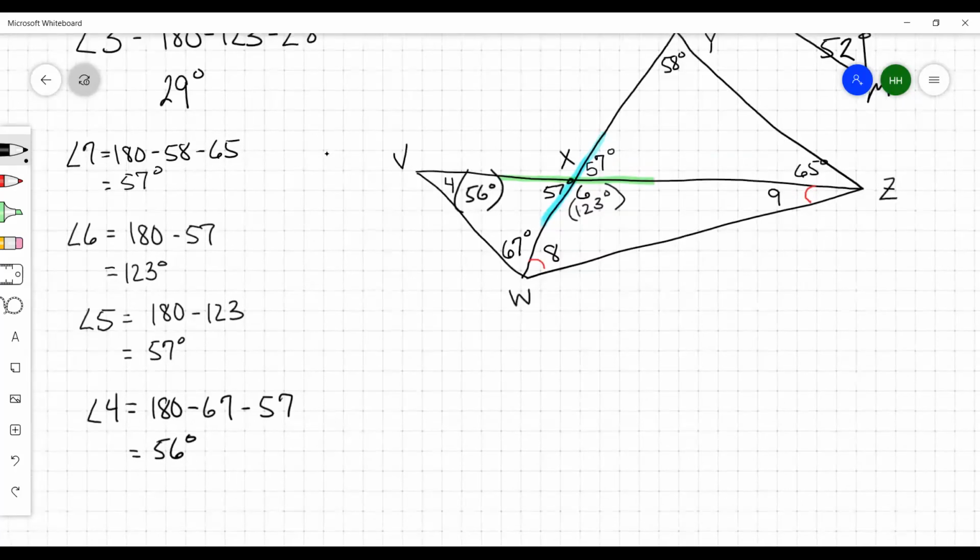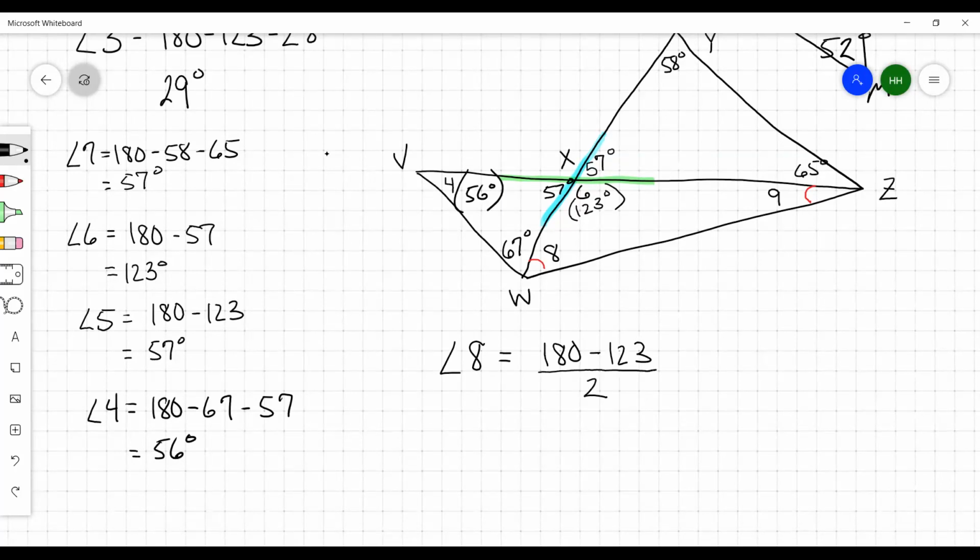Now we've got 8 and 9 left, but 8 and 9 are the same. They're congruent to each other. They've got arc marks. So finding 8 or 9 is the same. So we're going to say angle 8 is going to be equal to 180 minus 123, but we got to divide it by 2.